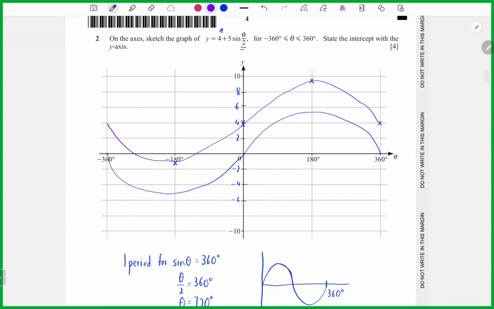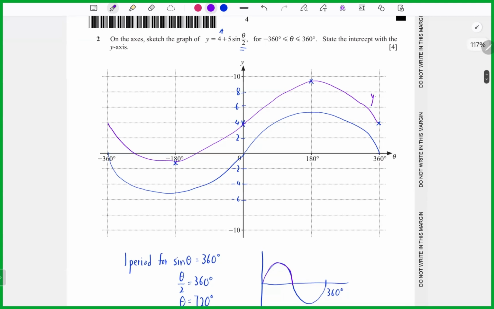Okay, so label here. So this is your y equals 4 plus 5 sine theta over 2. And then you see the blue is y equals 5 sine theta over 2.